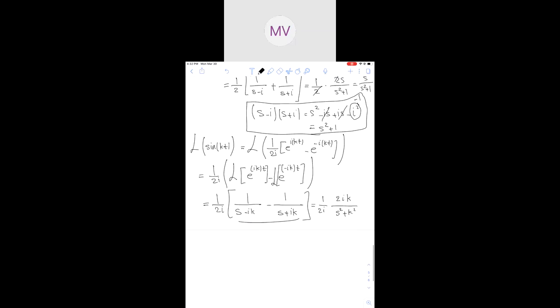So that eventually Laplace of sine of kt is k over s squared plus k squared. And Laplace of cosine kt, we already showed that for k equal 1, but we can do the same process. It will be s over s squared plus k squared.